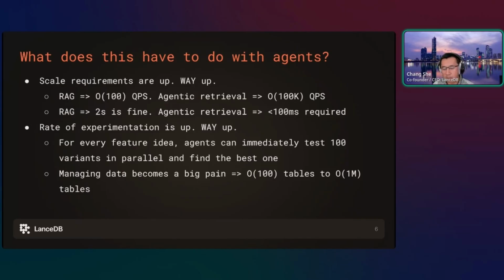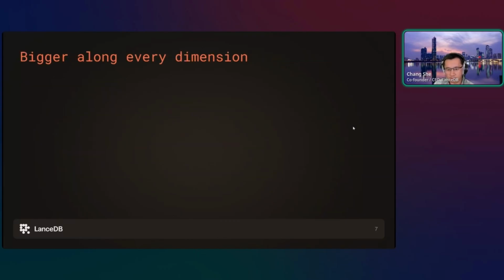And this year, we are regularly talking to teams with millions or tens of millions of tables. And I think our record is we've talked to an organization using LanceDB with 1 billion data sets that they're managing. So this is all coming from the power of using agents in the research process.